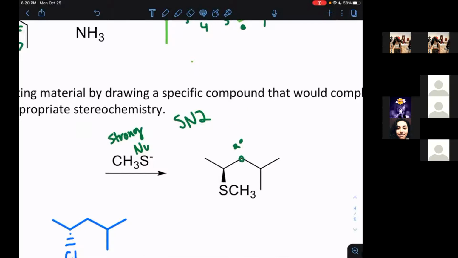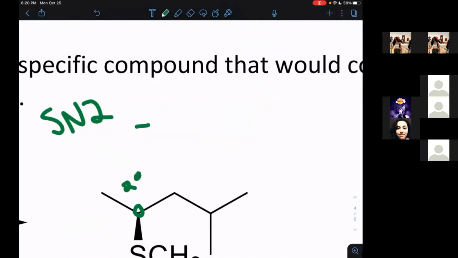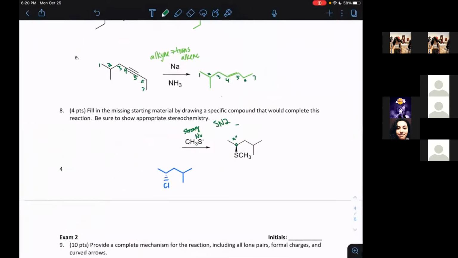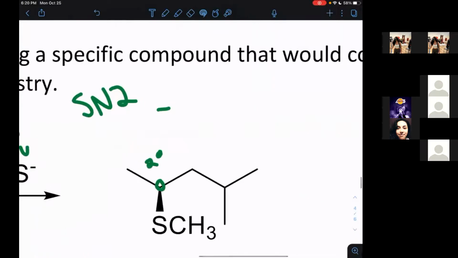I'll write a note for that too. And she said you could use Cl as the alkyl halide; I used Br. She says any of those are fine as long as they're good leaving groups. So SN2, inversion of stereochemistry.